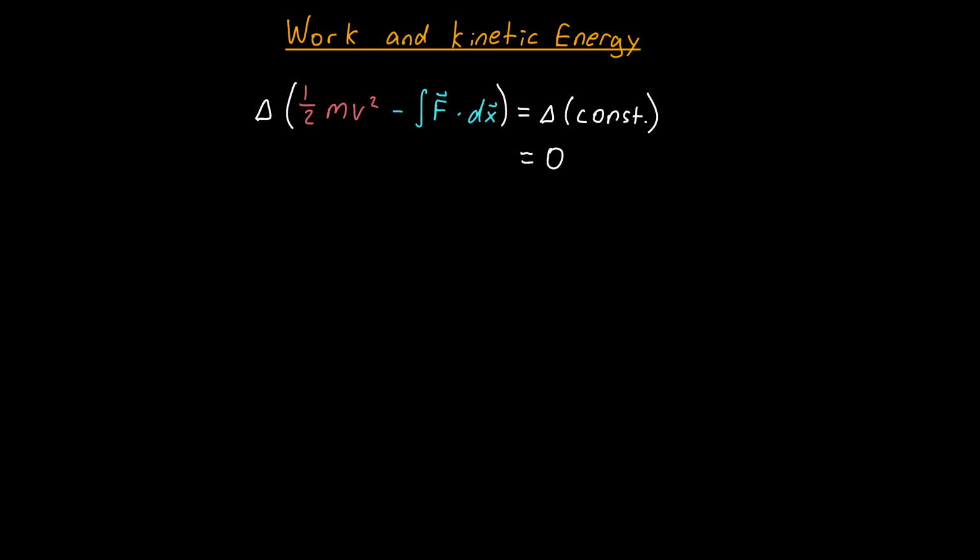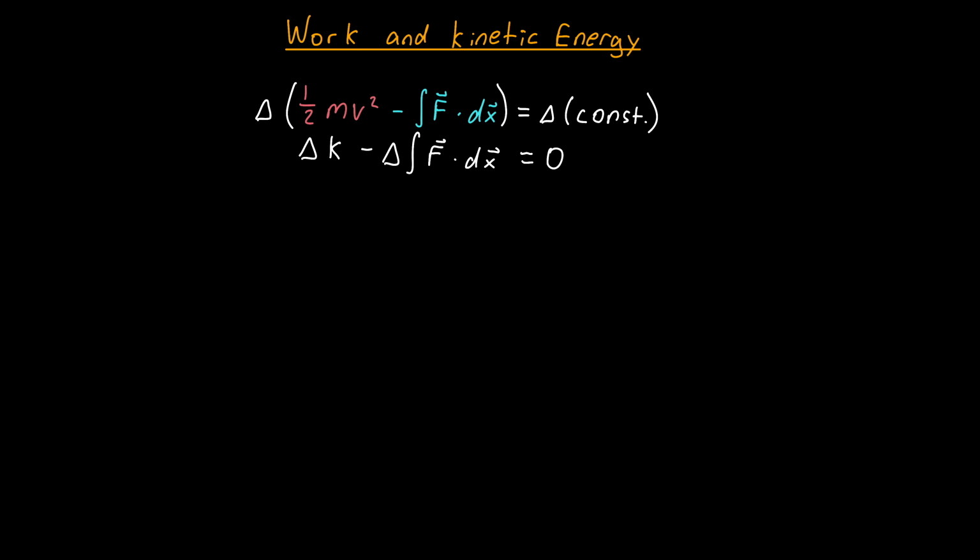Meanwhile, on the left-hand side, the first term is the change in kinetic energy, which is what we're trying to solve for. And the second term, we have to take minus the change in this indefinite integral of f dot dx, and so that whole sum is equal to 0.